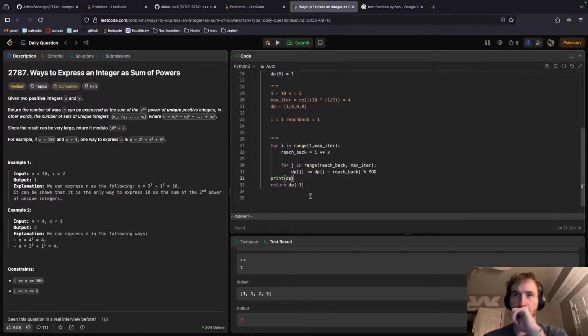Aiden-Lee11. Maybe it has to be... Gotta mod this. I don't think that's gonna change anything though.